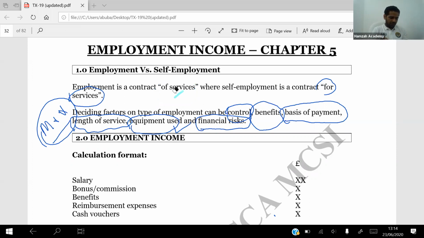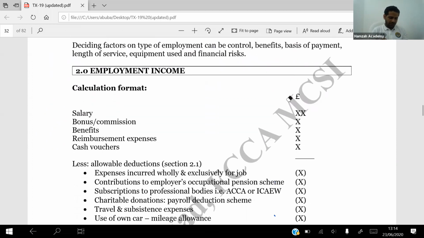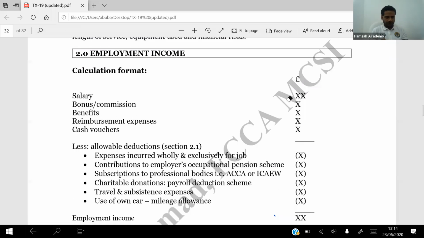So let me get us to that portion. This is the portion which describes the employment income part. Now in employment income, there is a set format, and this set format is extremely important. Why? Because nowadays this exam is not a manual exam where you have a paper sheet and write it yourself.